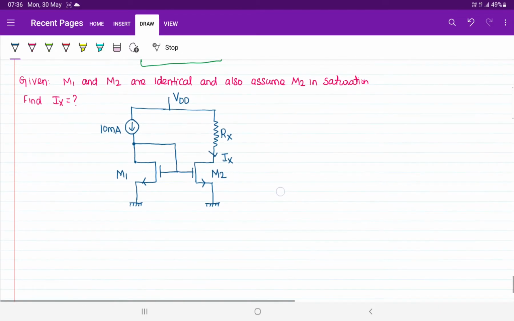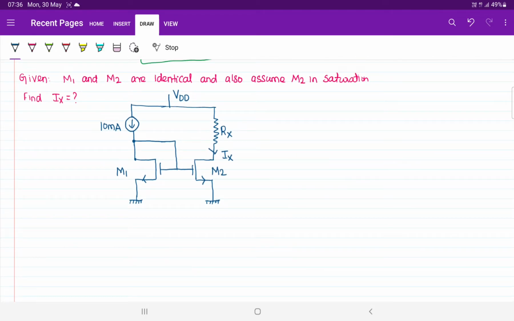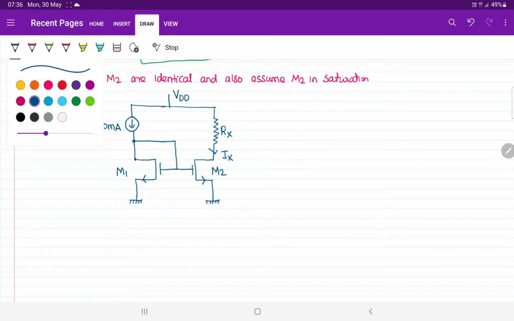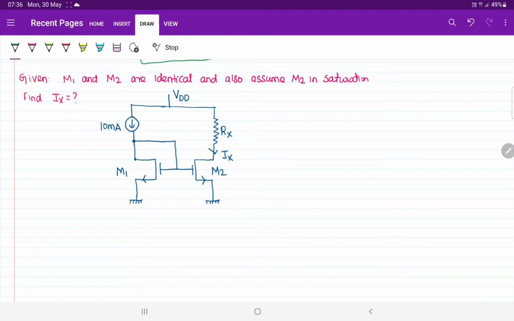Let us go to the next question. Here the question gives M1 and M2 MOSFETs. They are N channel MOSFETs. I forgot to write that. They told that M1 and M2 N channel MOSFETs are identical to each other, that is, two identical devices without any difference.